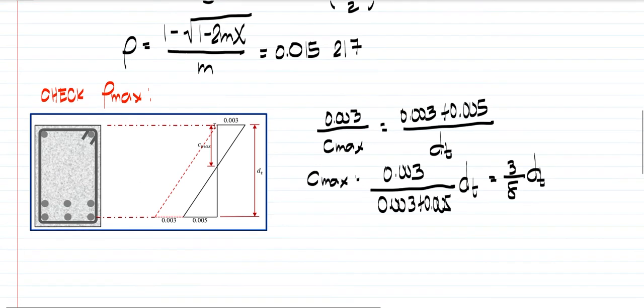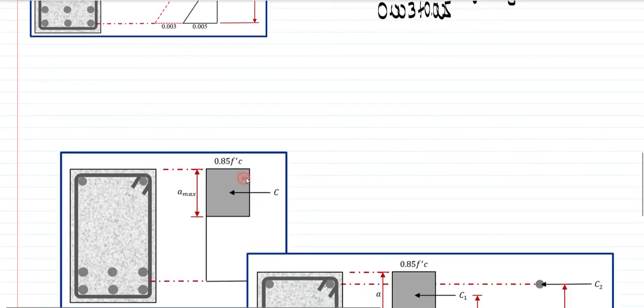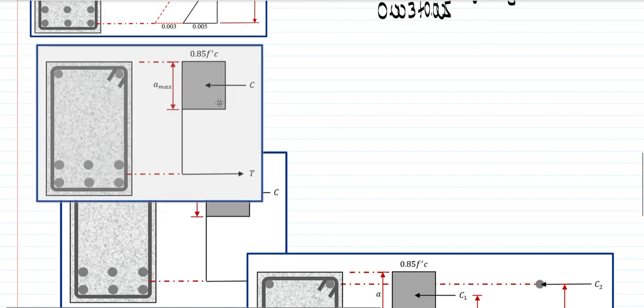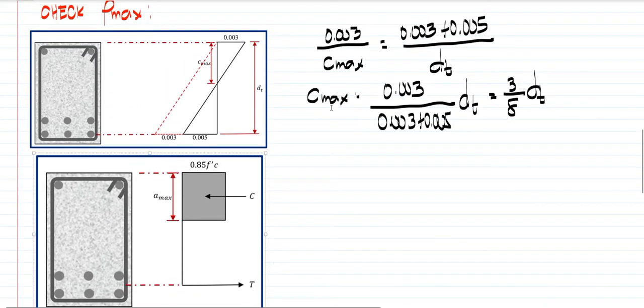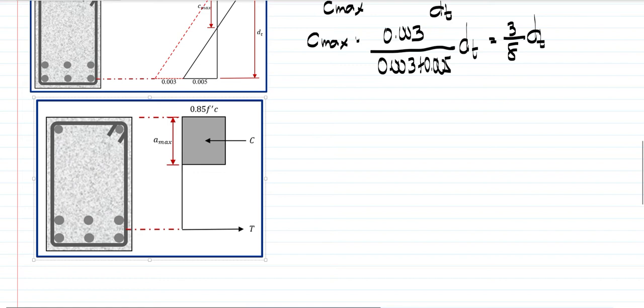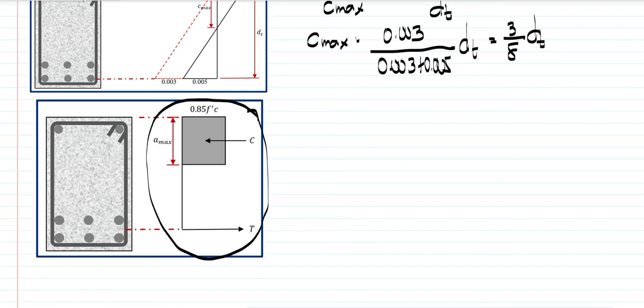Then, we can get the value of the rho maximum. Kunin lang natin to from this stress diagram. So, alam natin na this will correspond to a maximum steel ratio for singly, kasi ang gamit nating diagram is for a singly reinforced.